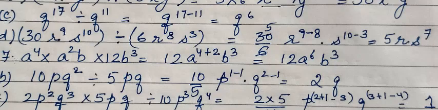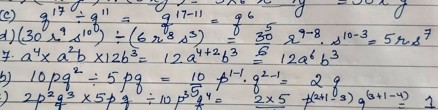Then next, 7: a^4 into a^2 b into a 12 b cubed, which comes out to be 12 a^(4+2) and b^(3+1).